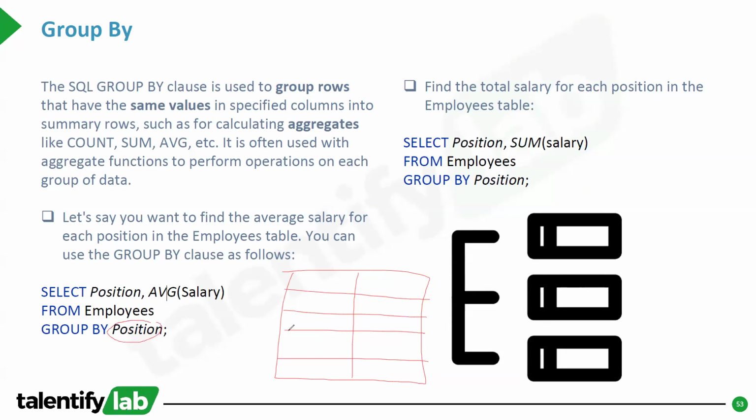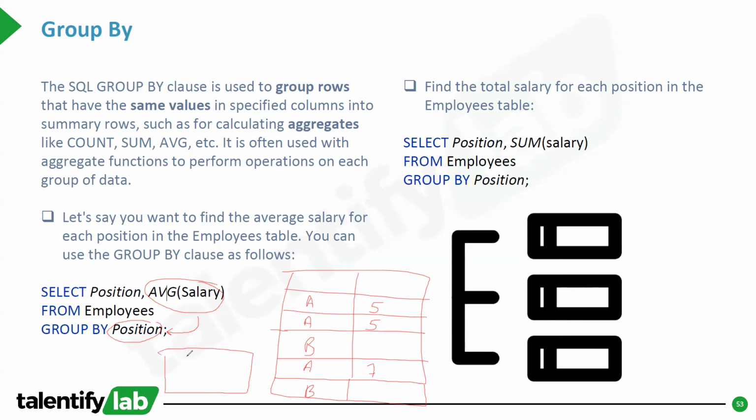For example, position A, position B, and also position A one more time, and position B one more time over here. So their average salary, this is 5, okay, and this is going to be 7. With group by position, it will group the positions.